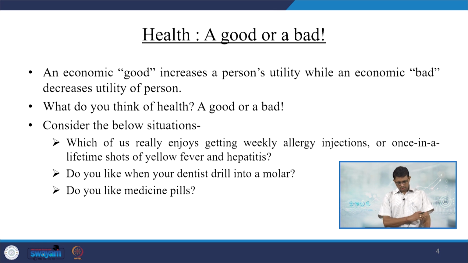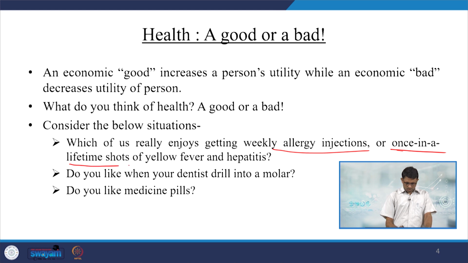Which of us really enjoys getting weekly allergy injections, or once-in-a-lifetime shots like yellow fever and hepatitis? Do you like it when your dentist drills into a molar in your teeth? Do you like medicine pills, etc.?